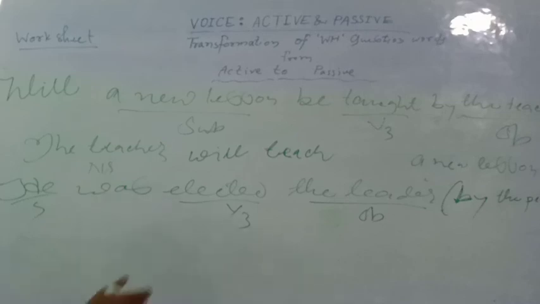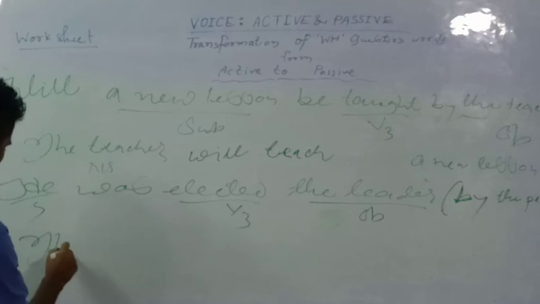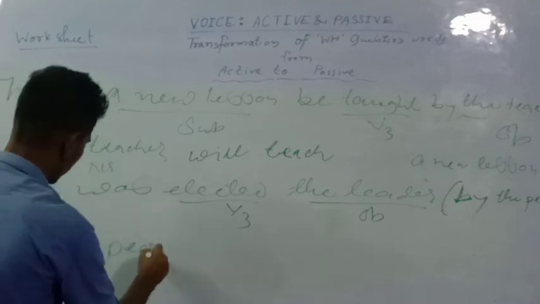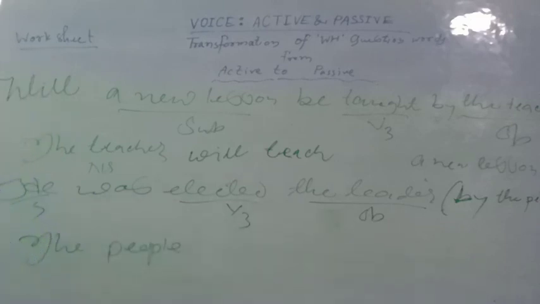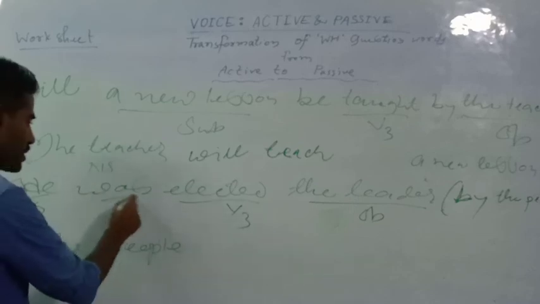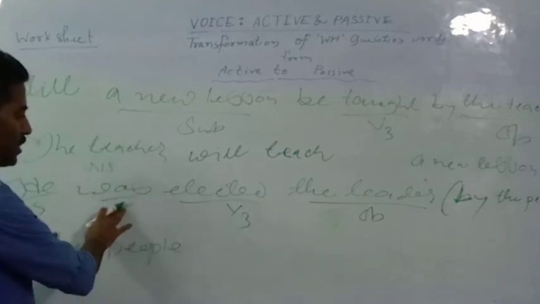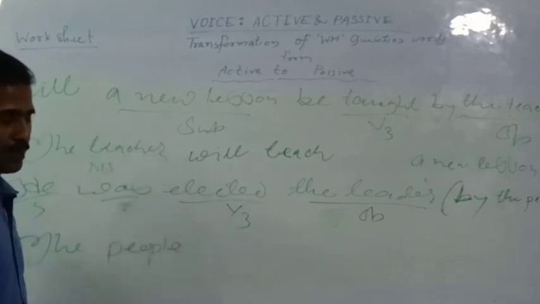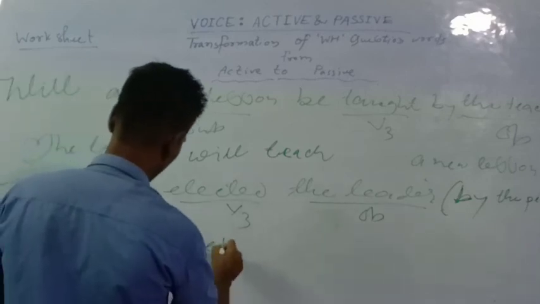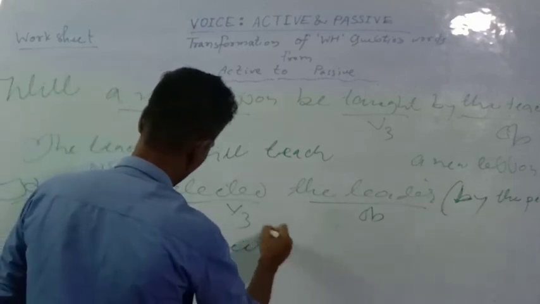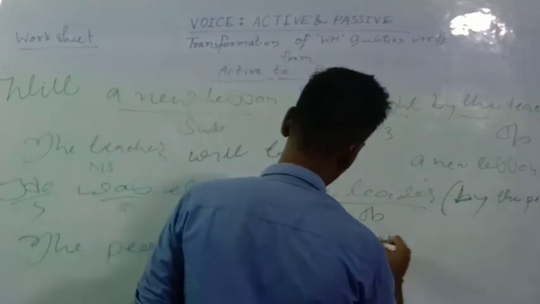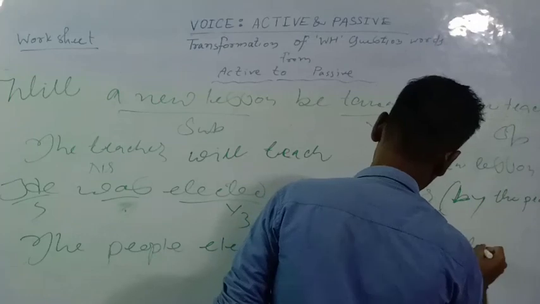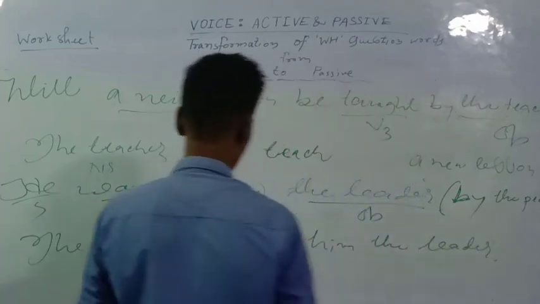So that means the people elected him. Was elected means past tense, the be verb is past form, was. So the people elected, second form, elected him the leader. People elected him the leader.